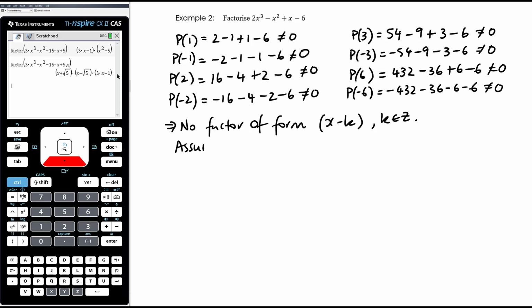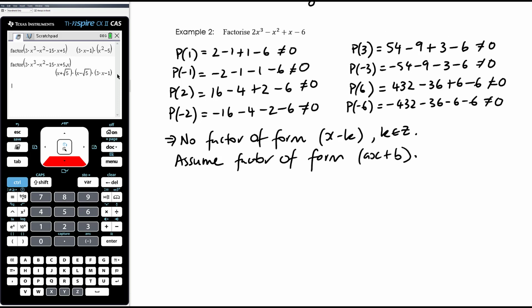Assume a factor of the form ax plus b. Okay, so let's think about what we know about a and b. So a is going to have to be a factor of 2, and b is going to have to be a factor of 6. Okay, so a could be plus or minus 1 or plus or minus 2, so fairly limited for a, which is good.